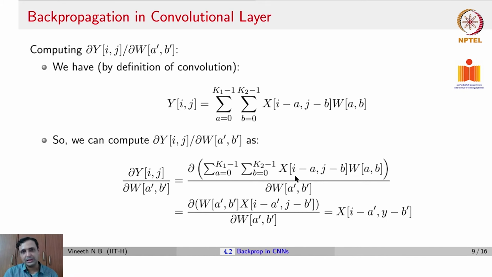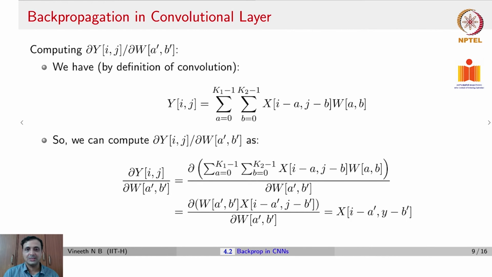When you move the filter to the next location, it may contribute something else in the other location, but in one single convolution operation, one value in the filter is multiplied by only one input pixel, and that term is going to be W a'b' times X at i minus a', j minus b'. Every other term in this double summation, when you differentiate with respect to W a'b', will become 0 because it does not depend on W a'b'. This quantity trivially becomes X at i minus a', j minus b'.